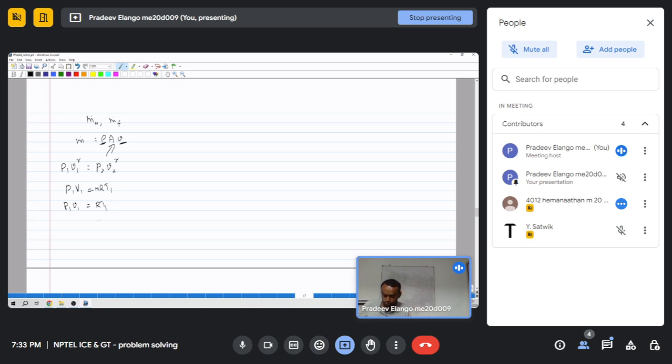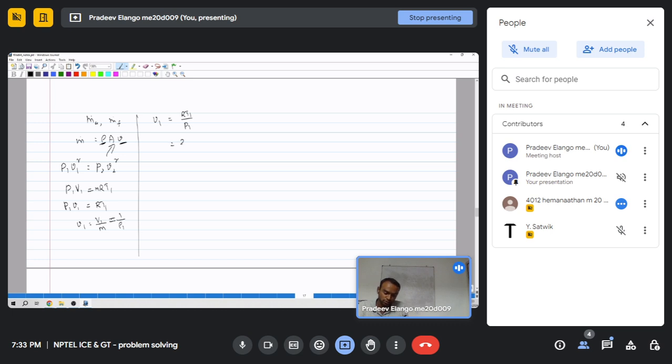Specific volume V1 is total volume by mass, so this is equal to 1 by rho, inverse of density. So V1 is RT1 by P1.